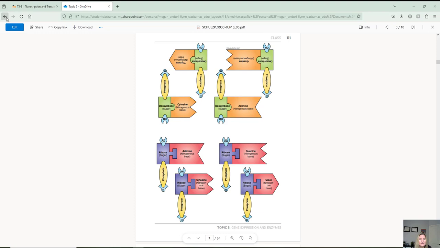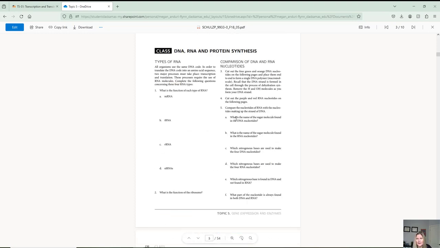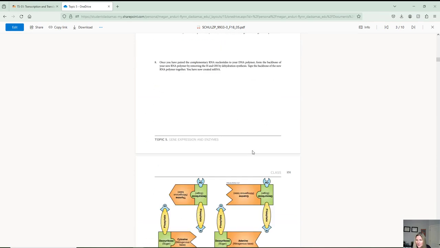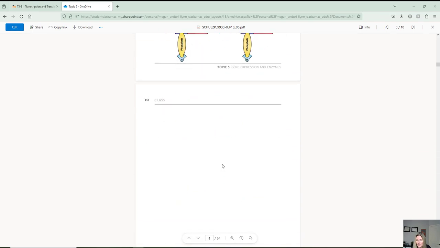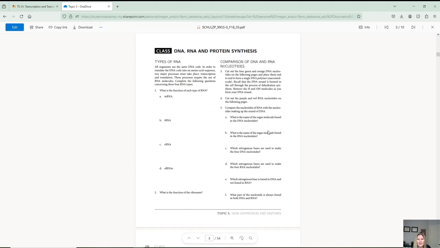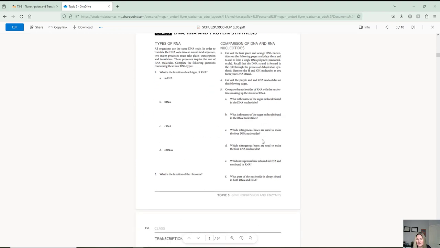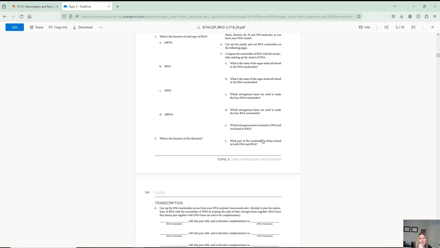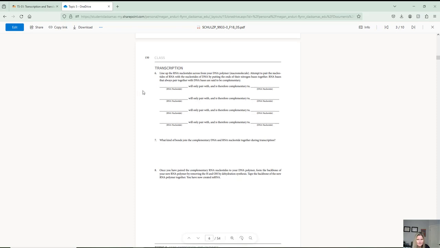Okay, so you'll cut those out and use these cutouts to help you understand what each part of the nucleotide is and how they compare from a DNA nucleotide to an RNA nucleotide.